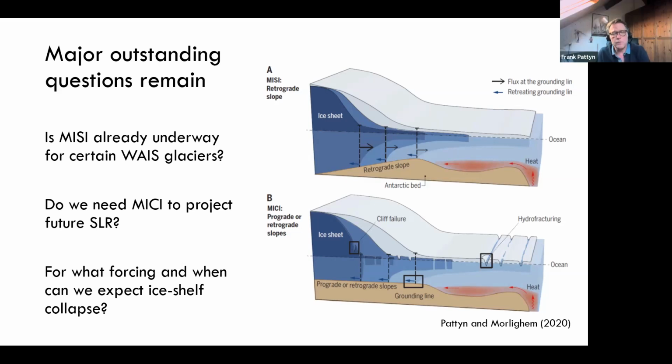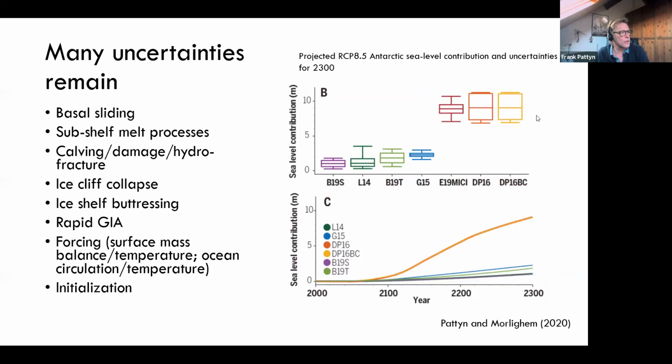Good. But you're more than welcome to contribute to designs of further tests. Given the uncertainties, one thing we are looking at is another intercomparison that would focus more on calving and damage.